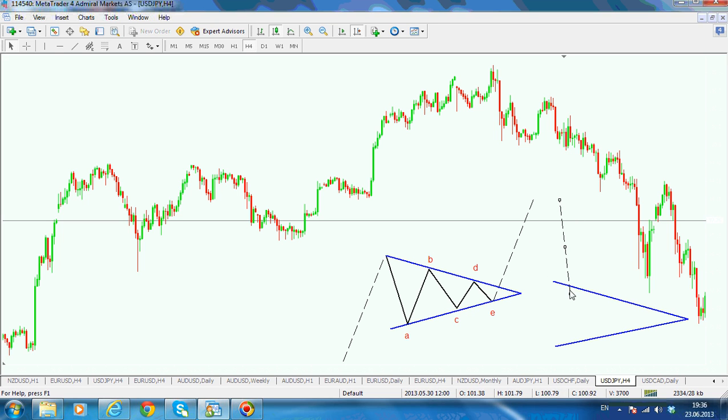Price is coming into the triangle, and then you have wave A, B, C, D, and E, and the A wave is considered part of a triangle, but it's coming from a higher level.